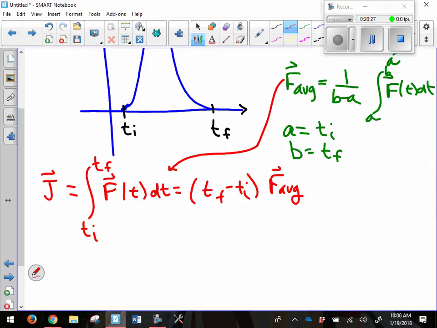Just doing a little cross multiplying, however you want to look at it. And I could rewrite this again as F average times delta t, because that's what t_f minus t_i is.